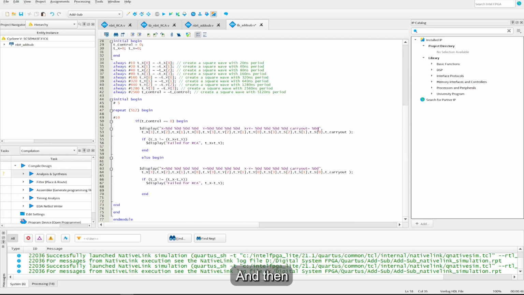And then we need to add this here too. So test bench overflow. I need to add here the overflow. It's equal to percent 0 decimal.